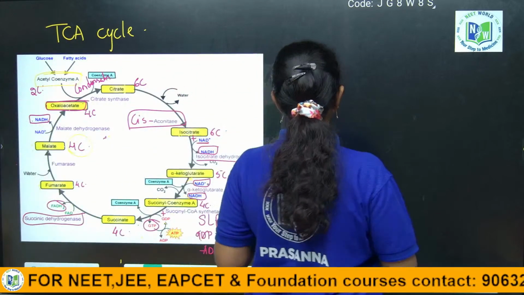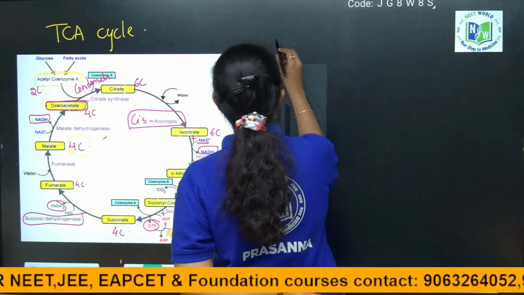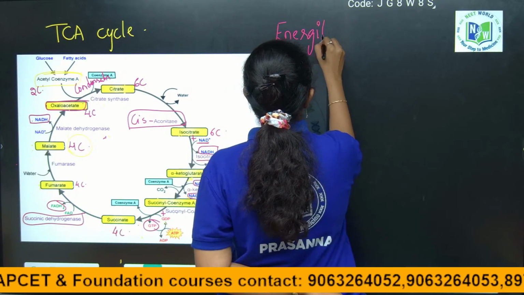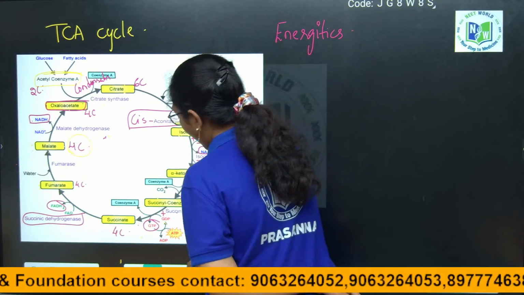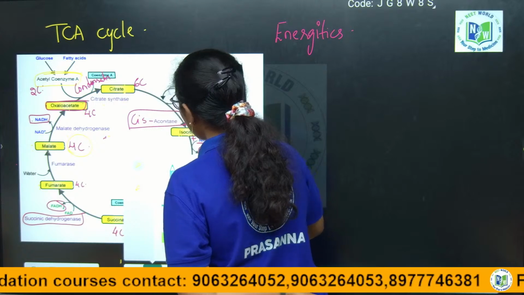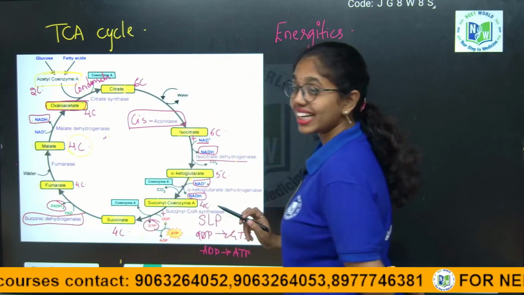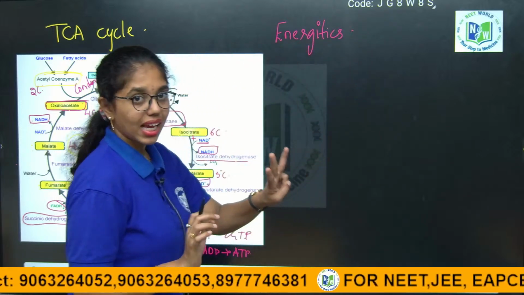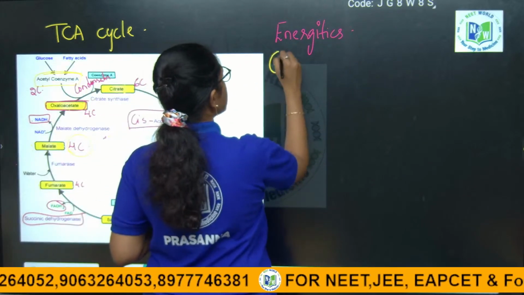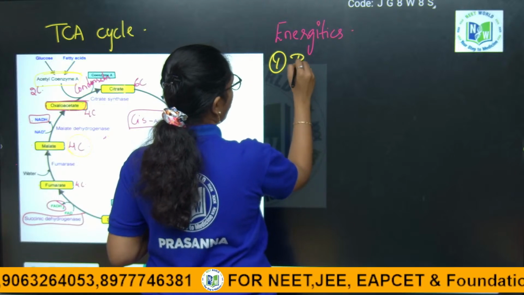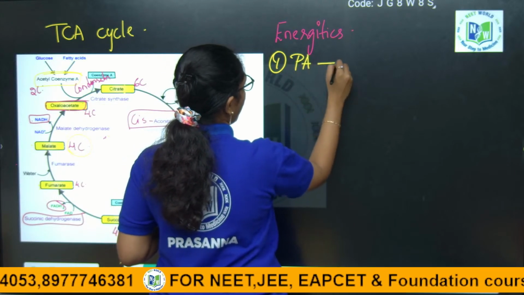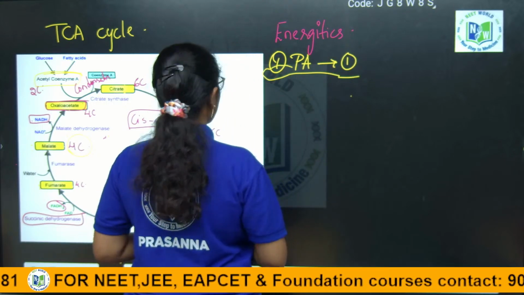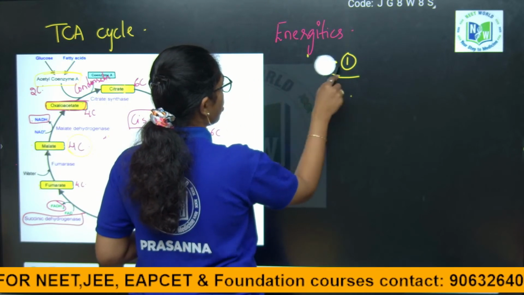So, here if you see the energetics involved in the Krebs cycle, a high amount of energy in aerobic respiration is released during the TCA cycle itself. For one acetyl CoA, or one molecule of pyruvic acid, we have to consider the link reaction also.